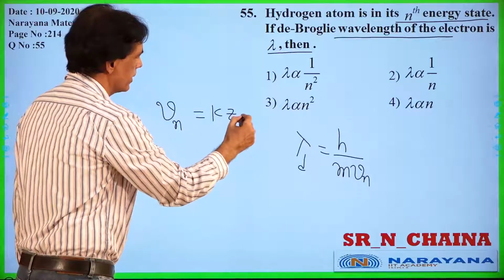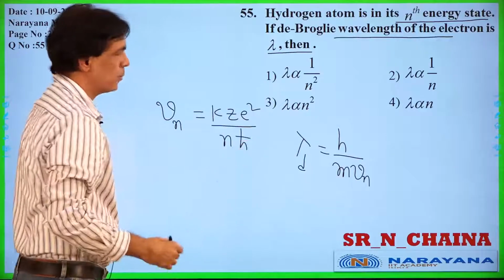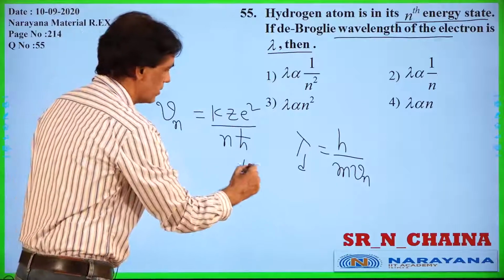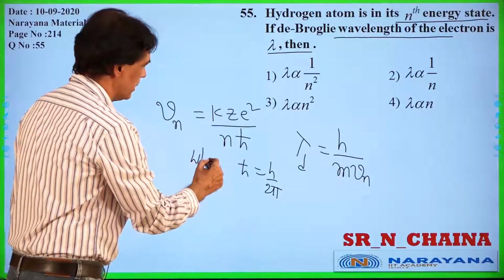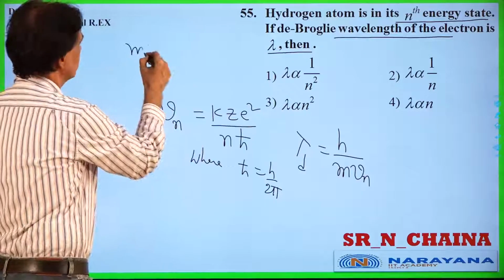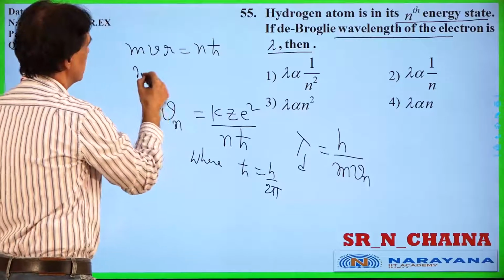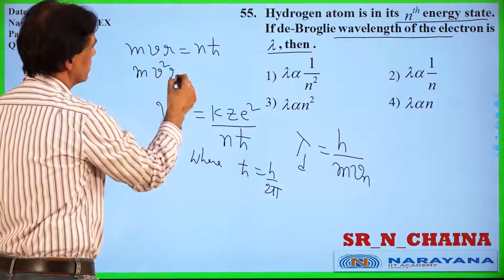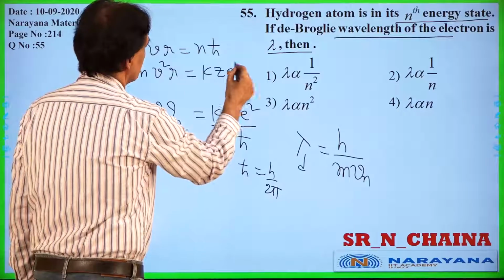k z e square by n h cross, where h cross is h by 2 pi. So how do we get this? We use the two equations, mvr equal to n h cross, which is from the second postulate, and from the first postulate we get mv square r equal to k z e square.